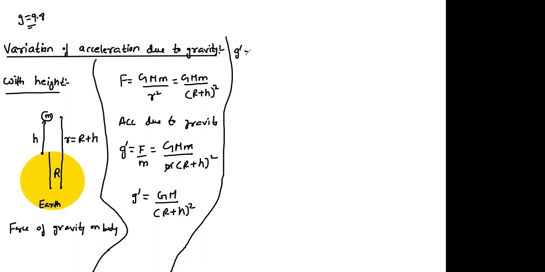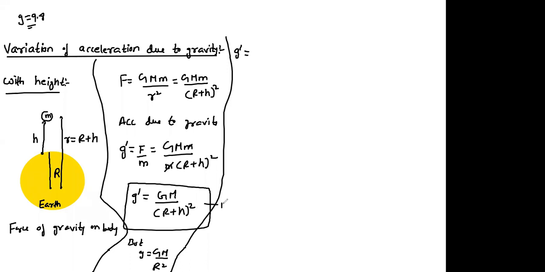So we can write g prime as this, you can leave your calculations here. This is the value of acceleration due to gravity at a height h, but it's better if you can convert this in terms of small g. But g is G M by R square.